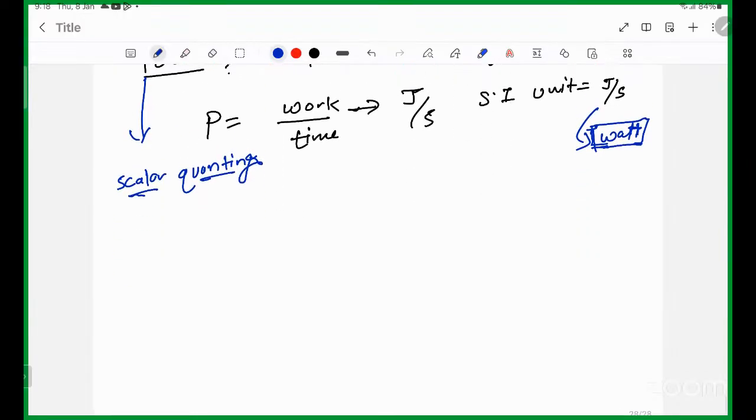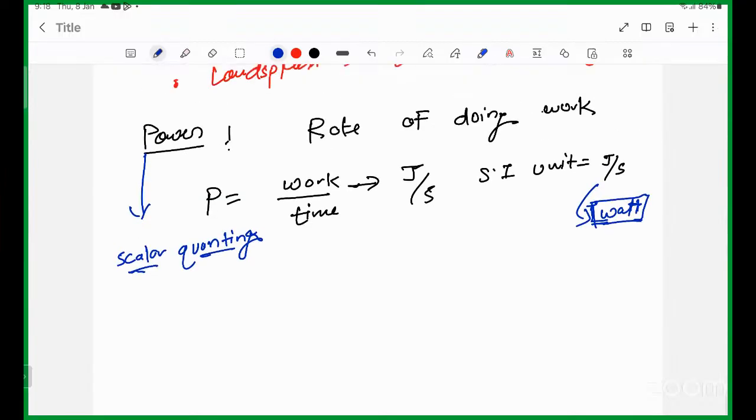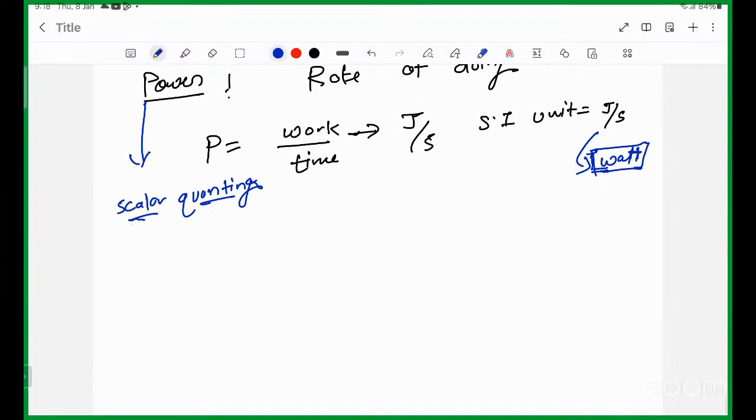In this case, rate of means something changes with respect to time. Like we study rate of change of velocity. We call it acceleration.